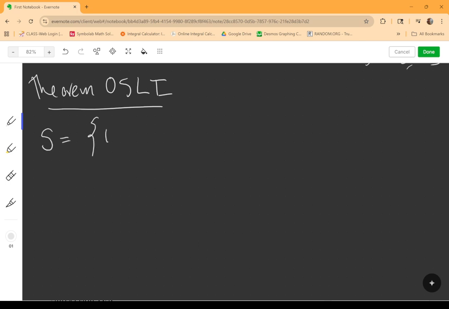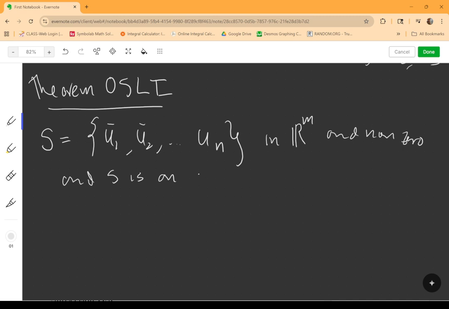So we have theorem OSLI. We'll start with: let S be equal to u1, u2, through u sub n, and they are in R to the m and non-zero, and S is an orthogonal set.